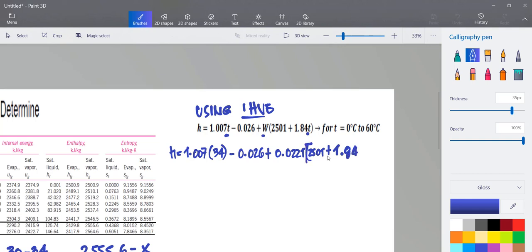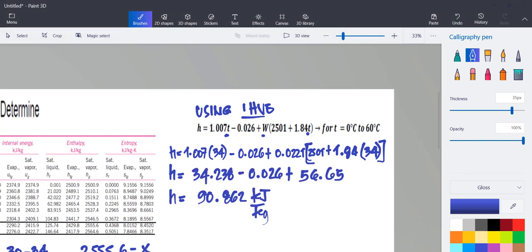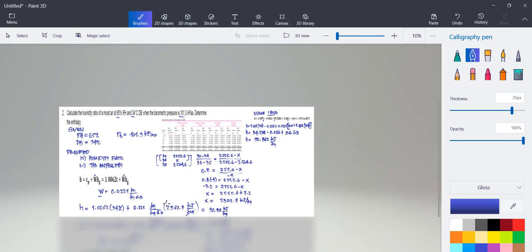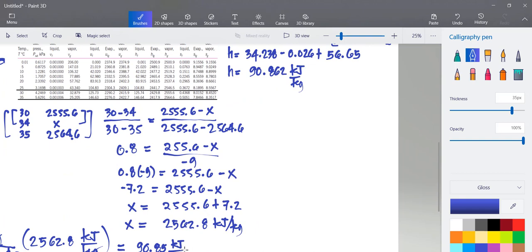Let's change this one to a bracket, then multiply by 34, and close the bracket, then we have your enthalpy value. Calculating this one, we have the value now, 90.862. Referring to earlier, there is a little difference, only in the decimal places. At least the values are close to each other, so we can use either one.